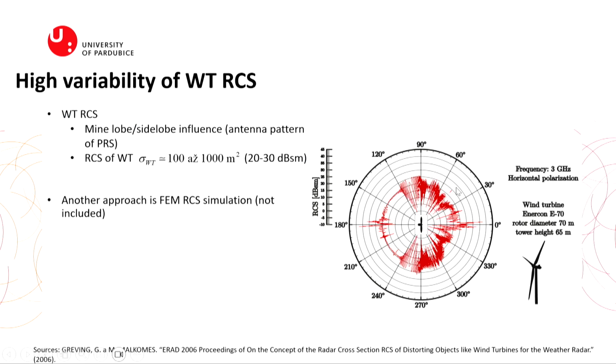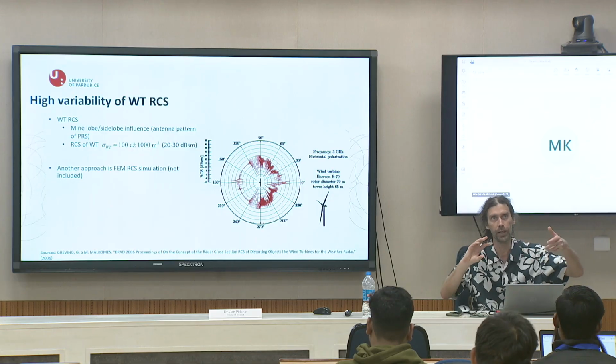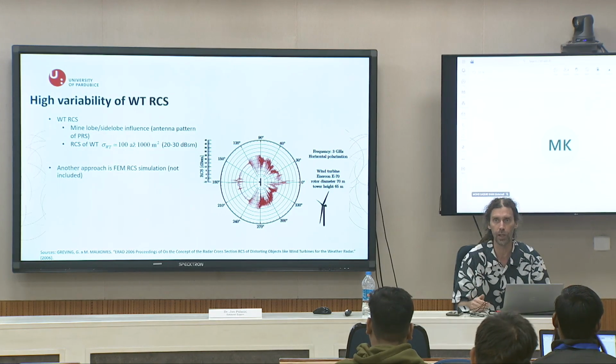Another approach to get RCS is FEM RCS simulation, but we don't include it. It is very hard. It is very computationally intensive, because of course we can simulate one blade shape. It is available in 3D CAD, so it is not a problem to get it.